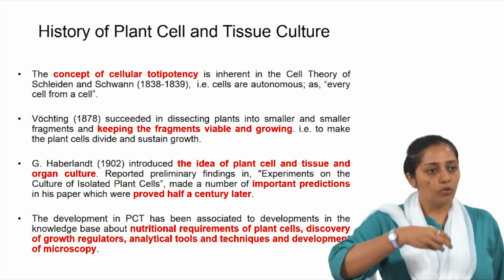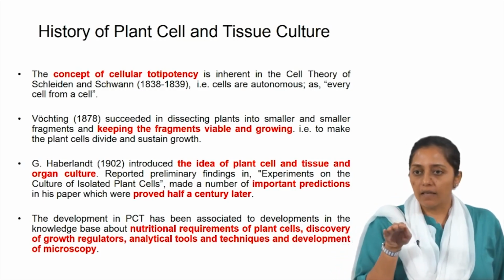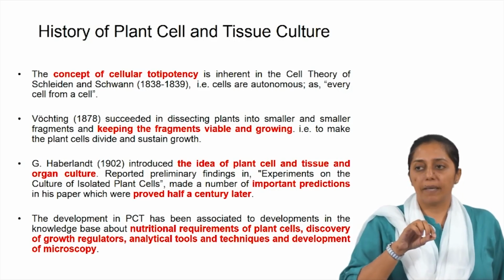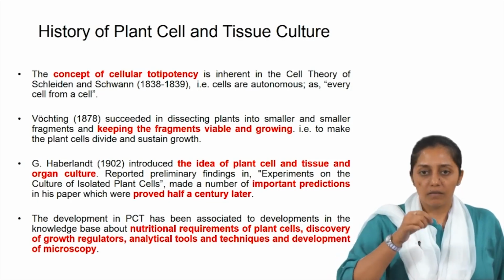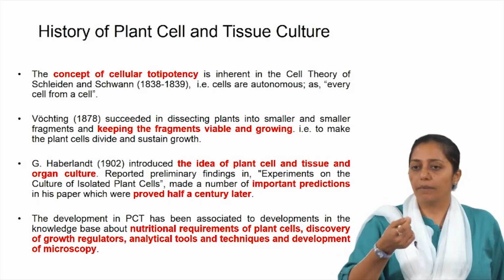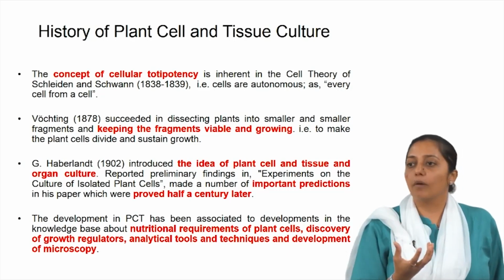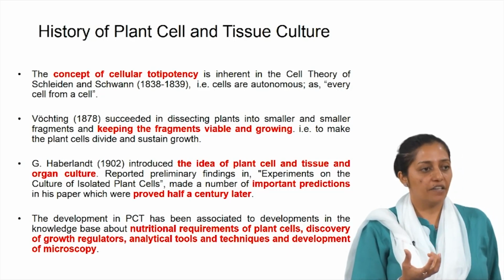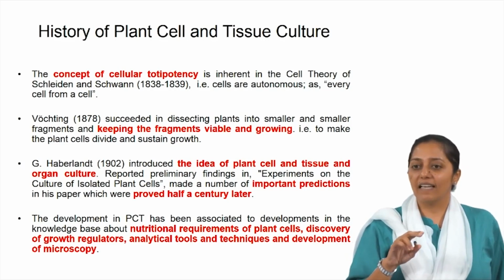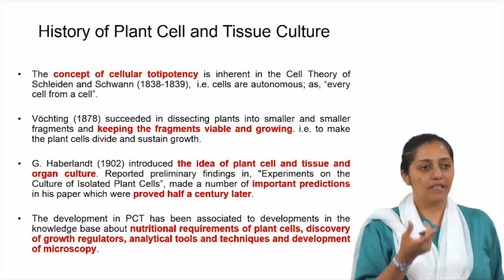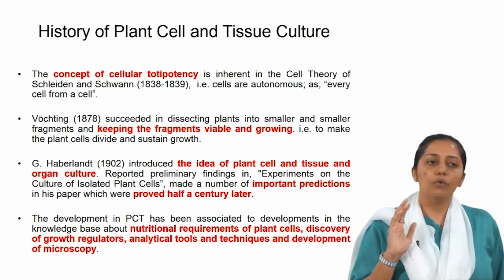Whatever came out of the callus was getting absorbed by the filter paper, and on top of that filter paper a single cell, of carrot, or I do not remember, tobacco maybe, or some plant, was added. They kept observing it under sterile conditions, and they found that the single cell started dividing, multiplying, and then a callus was found to originate.